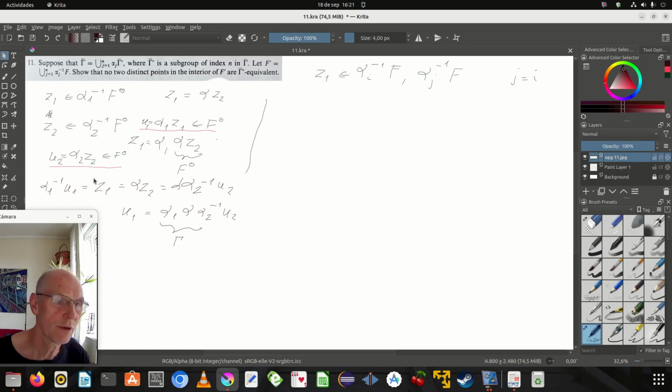Now we need to use that these generate distinct cosets.